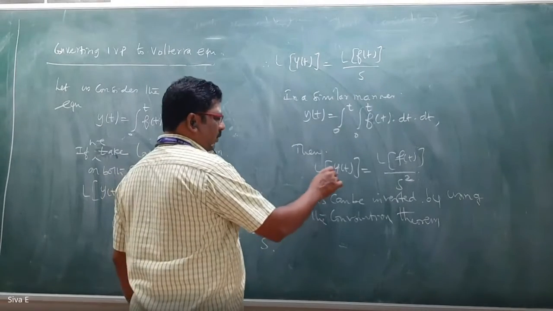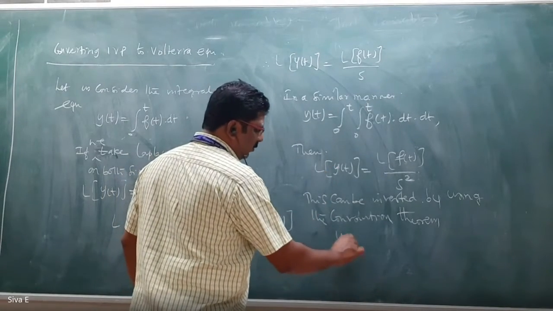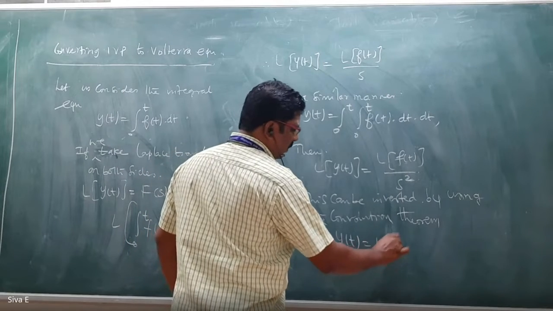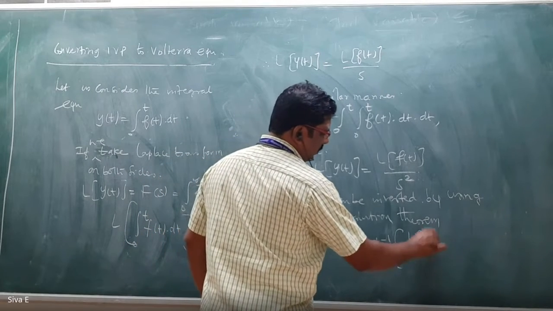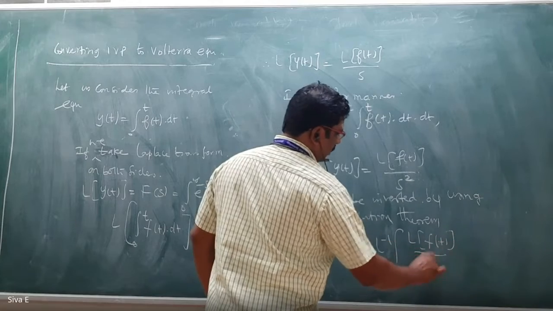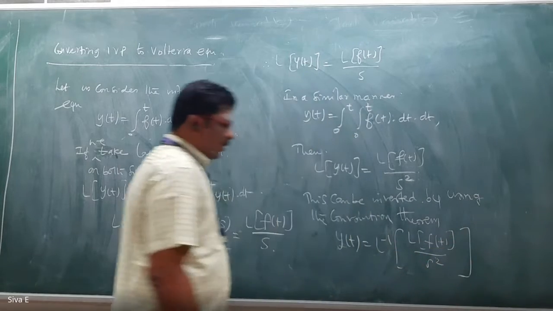If you are taking the inverse Laplace transform on both sides, y of t equals the Laplace inverse of L of f of t by s square.